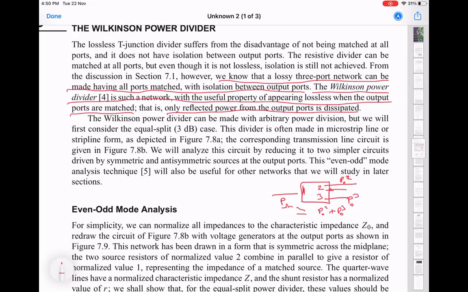But that doesn't mean that if I put power in port 2, the power coming out of port 1 and port 3 will sum to the power you put in. So that lossless part goes away.